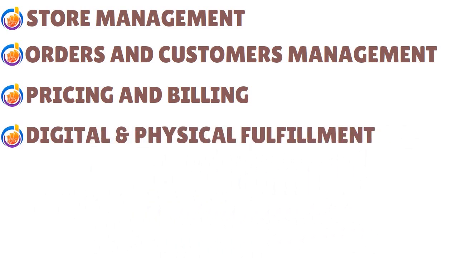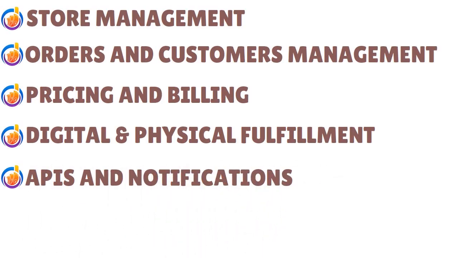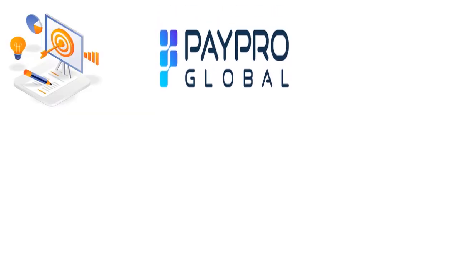Digital and physical fulfillment are really critical, especially if you are contemplating an omni-channel strategy versus a multi-channel strategy. You have APIs and notifications, so those APIs will enable your current tech stack to speak directly to PayPro Global.